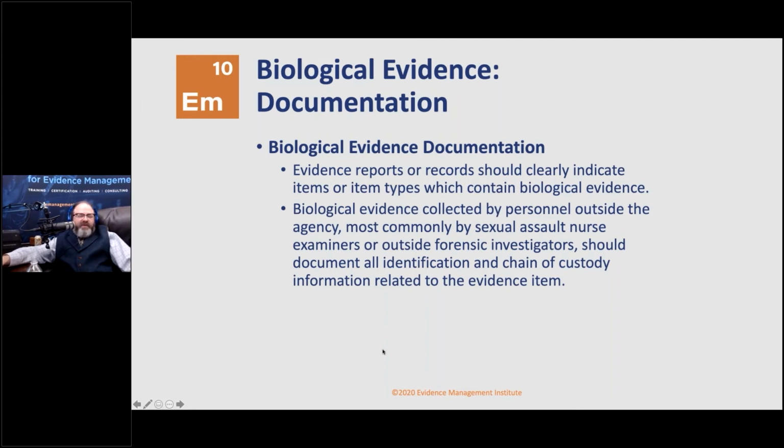We recommend that, especially with SANE kits or SART kits or whatever you call them in your jurisdiction, it's really critical that we require the people that collect that evidence and provide it to law enforcement to be very diligent about their chain of custody documentation with respect to those items. Chain of custody doesn't come naturally, at least to the same level and same requirements as for law enforcement.